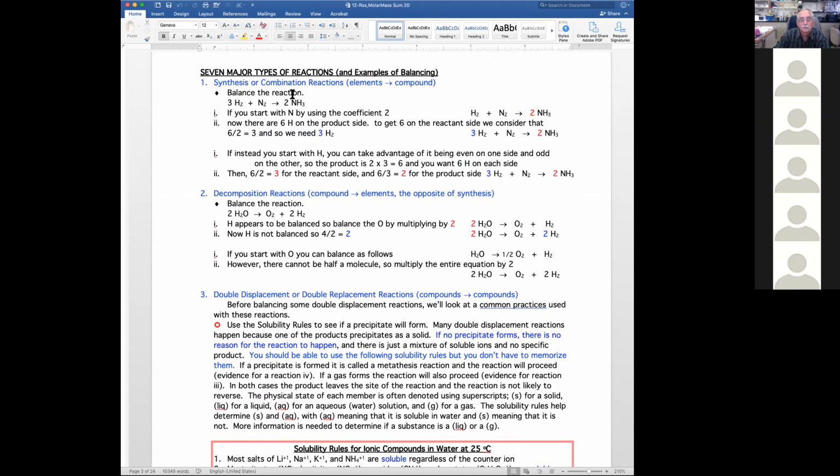Could you also go over a little bit about how to identify what's being reduced and what's being oxidized? Sure. So if I'm looking at this reaction right here, I'm really thinking about electronegativity. The electronegativity for nitrogen is like 3.04, whereas hydrogen is only 2.2. So looking in the bond over here, you're pulling electrons from the hydrogen to the nitrogen.